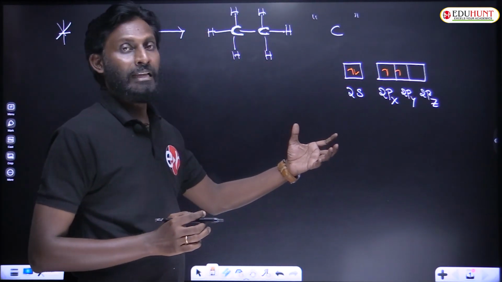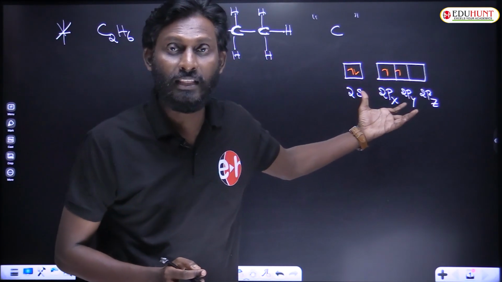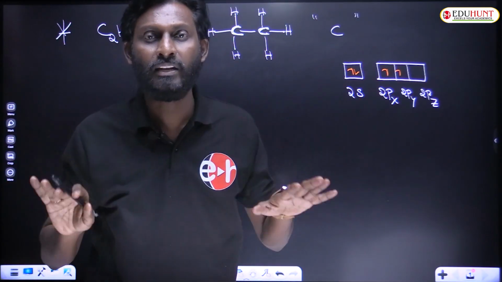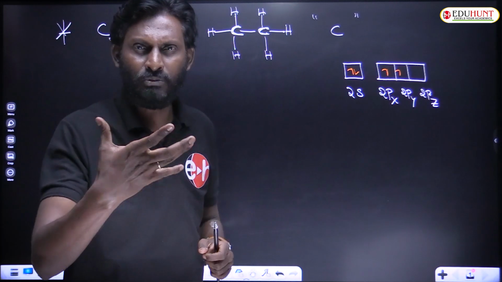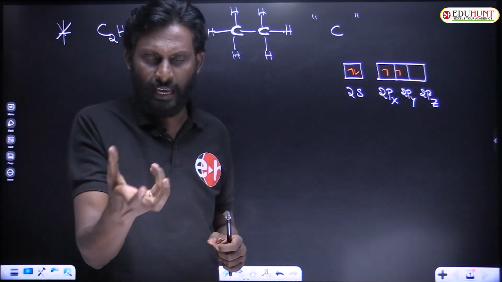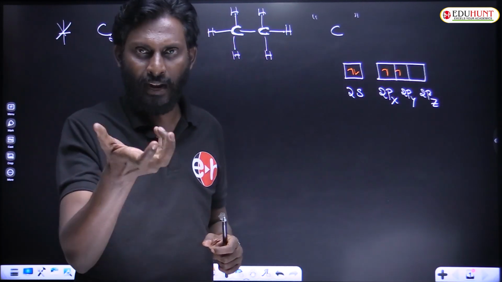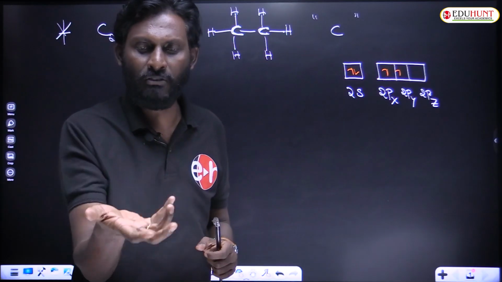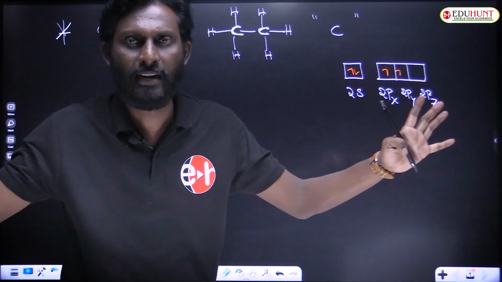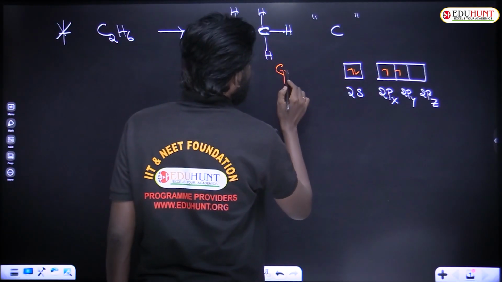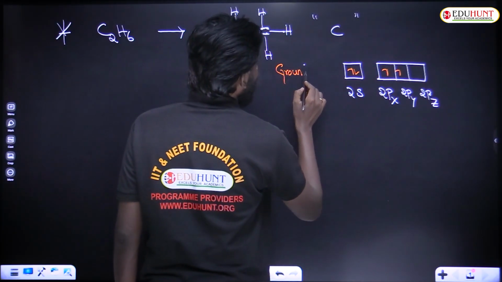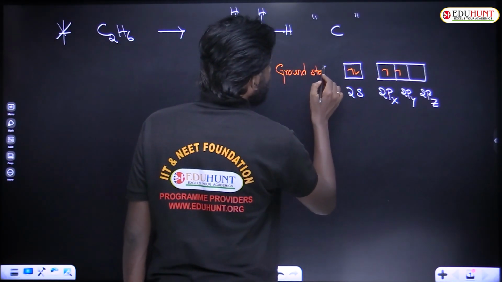But this particular configuration is nothing but the ground state configuration. Sir, what do I mean by ground state configuration? Ground state configuration means the electronic configuration of the element or atom when it is not in bonding with other atoms, okay? So that is the ground state configuration.